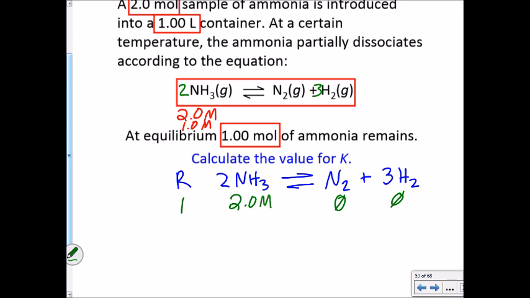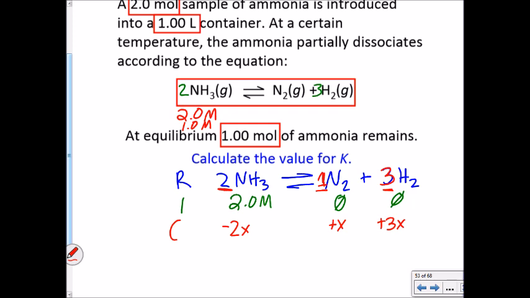That's it. Now paying attention to our change in concentration. 2 moles of ammonia are going to decompose into 1 mole of nitrogen and 3 moles of hydrogen. So we're going to lose 2 times the amount from the ammonia, but we are going to gain 1 times the amount in the nitrogen and 3 times the amount for the hydrogen.